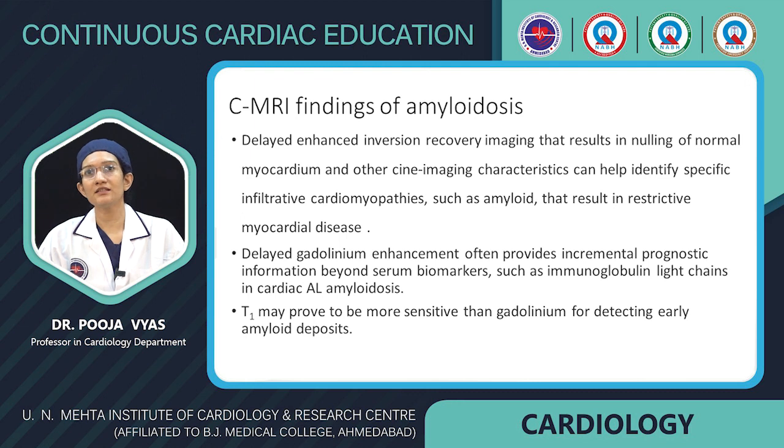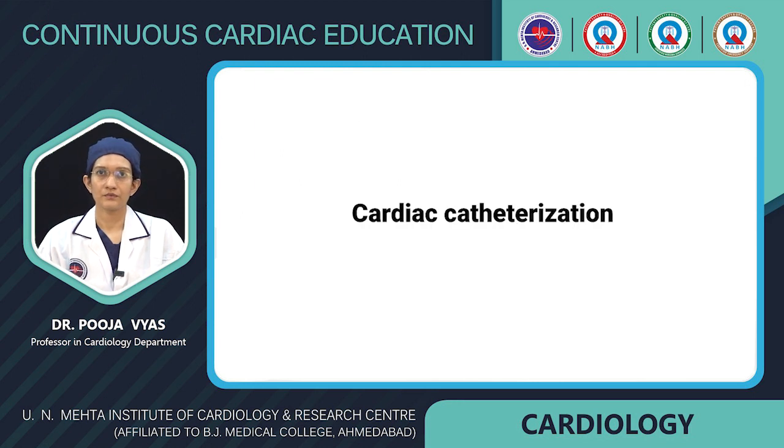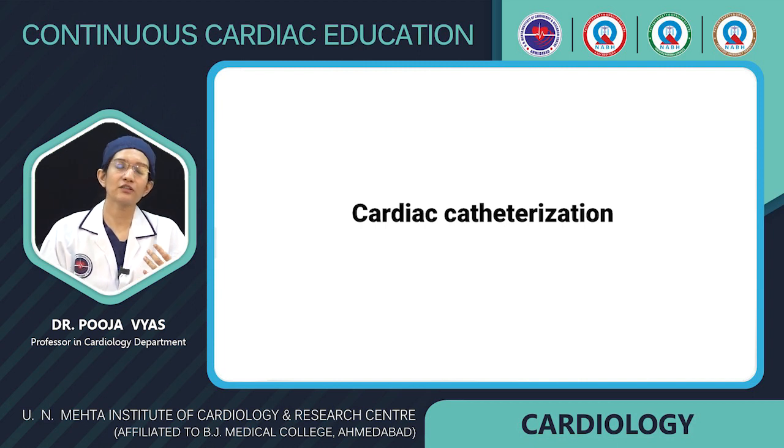Even T1 mapping proves to be more sensitive than gadolinium for detecting early amyloid deposits. So this is how cardiac MRI helps us in diagnosing various etiologies of restrictive cardiomyopathies.